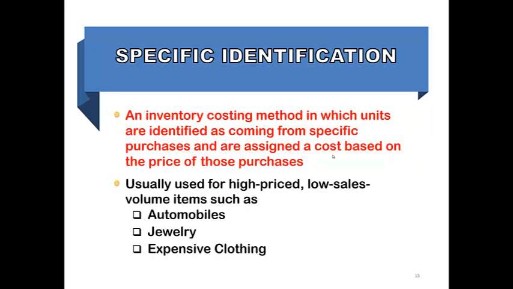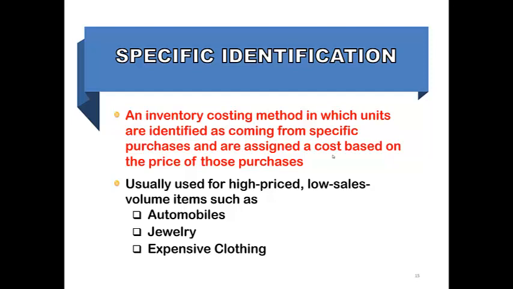Companies who can specifically identify their goods, they're separate, so they're able to tell what the cost of each one of those items is. They're able to maintain those records.